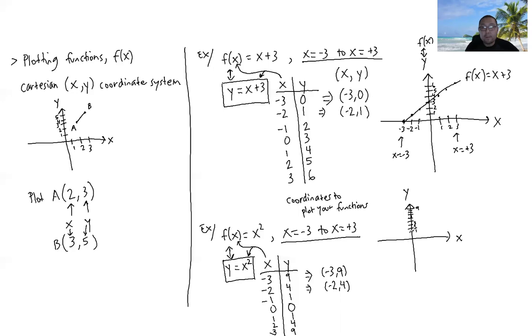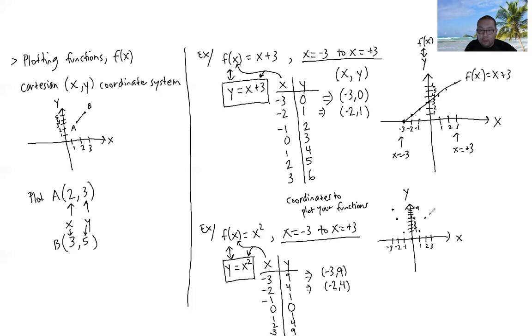Okay, and so (-3, 9): left 3, so -1, -2, -3, and up to 9. (-2, 4) is this one. (-1, 1) is going to be here. (0, 0) is going to be at the origin, that's what we call the origin. (1, 1). (2, 4). And then (3, 9).